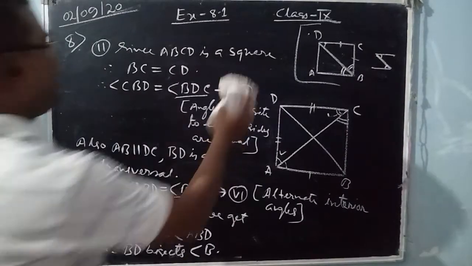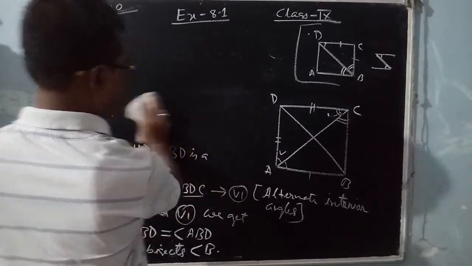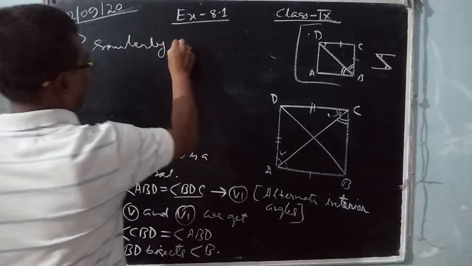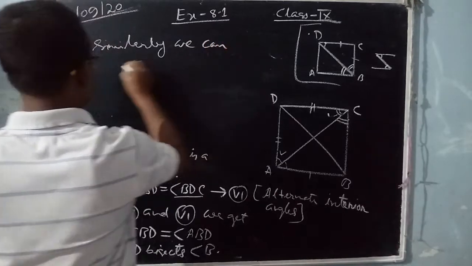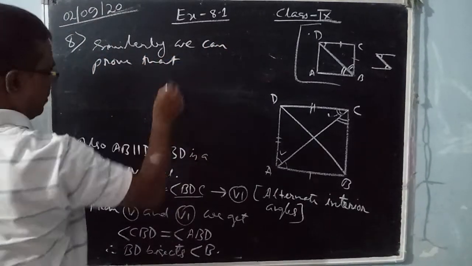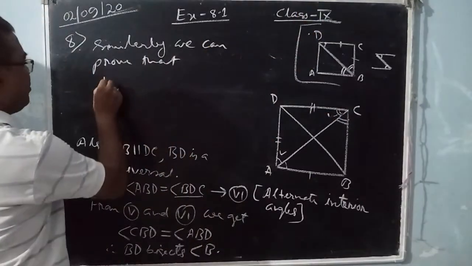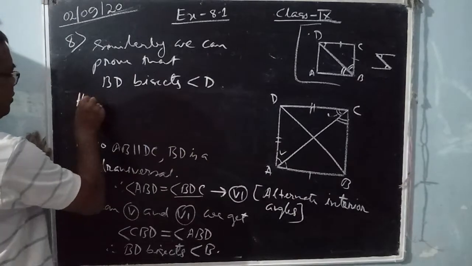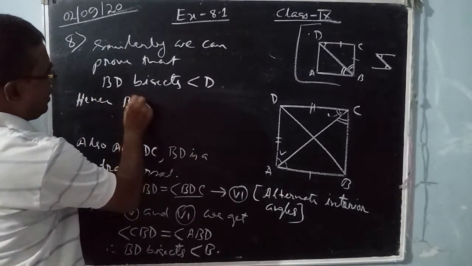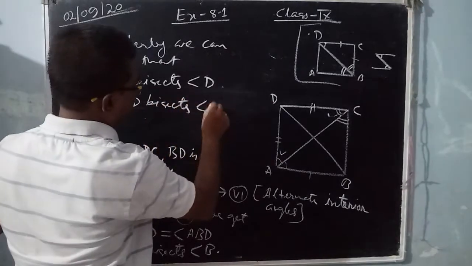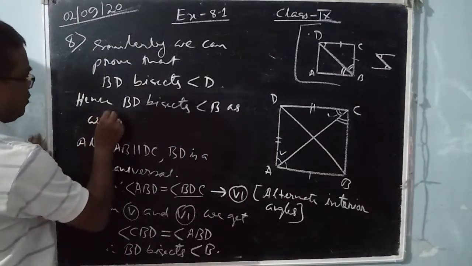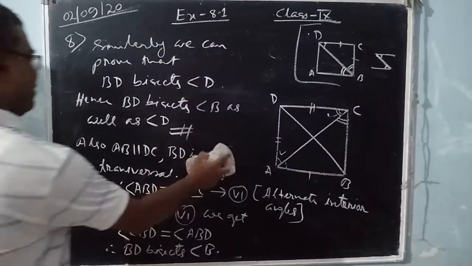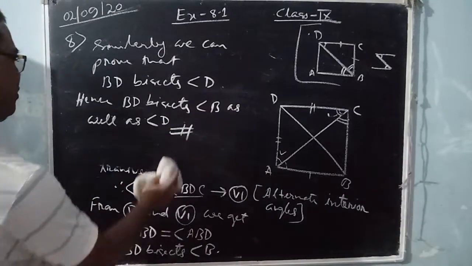Then similarly, we can prove that BD bisects angle D. Hence, BD bisects angle B as well as angle D. Proved.